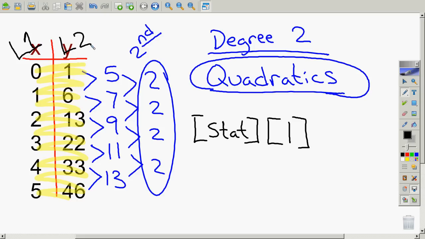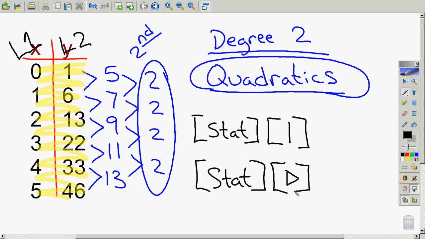And now the next thing you need to do is hit the stat button again. And then you need to hit the right arrow button to go over to where it says calc. So right arrow button.